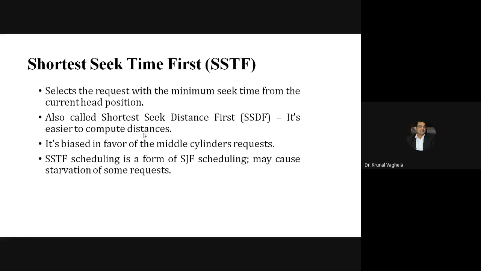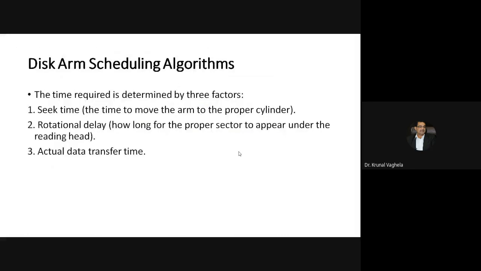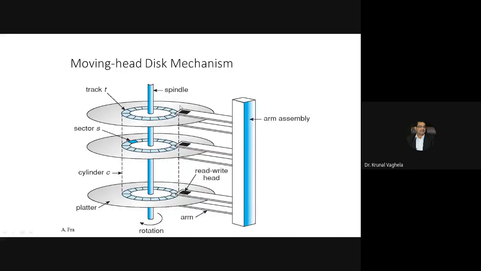But the disadvantage is that it is biased in favor of the middle cylinder requests. Studies show that it will move more in the middle cylinders' requests. We'll see the example also. If the disk uses this algorithm, the head will keep moving in the inner area because it will first take the nearer distance.